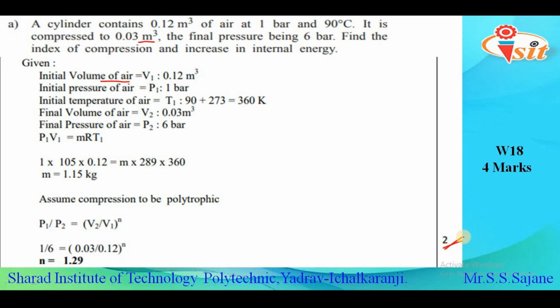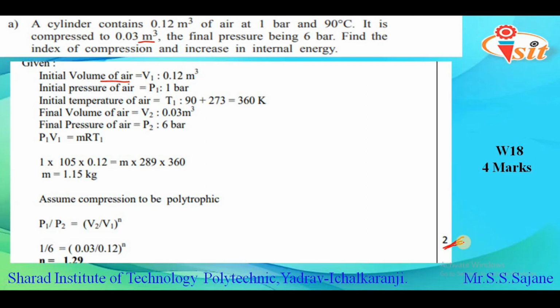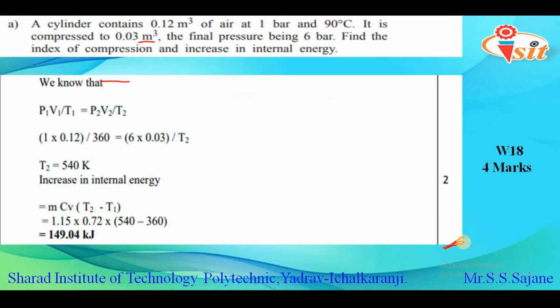Now for the remaining part, we have to determine the change in internal energy, and for this purpose we have already calculated the value of m. In addition to this, it is also necessary to determine the value of T2, as we know that the change in internal energy is given by the formula m Cv into delta T. So for this temperature difference we will need two temperatures.